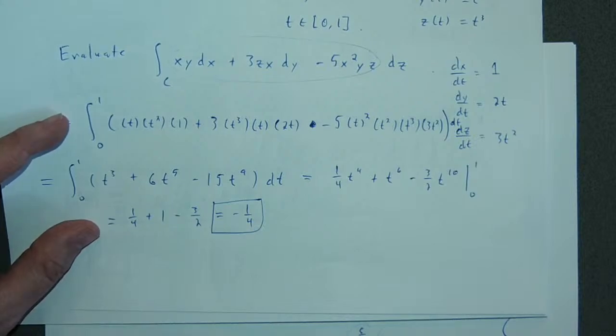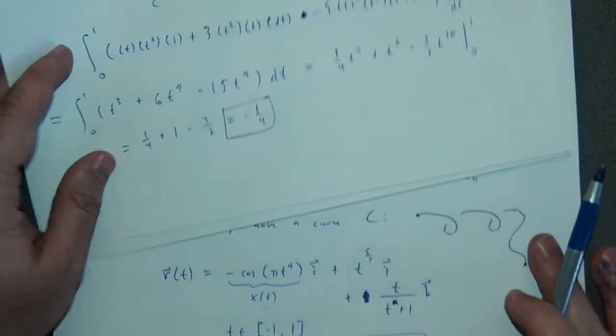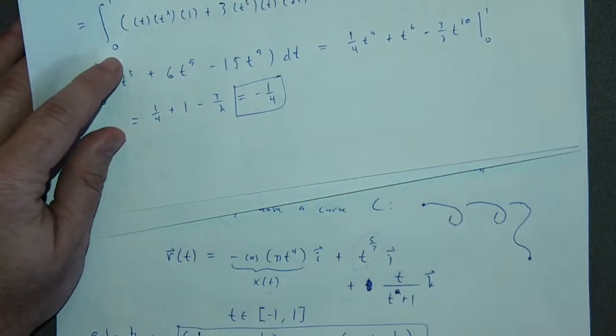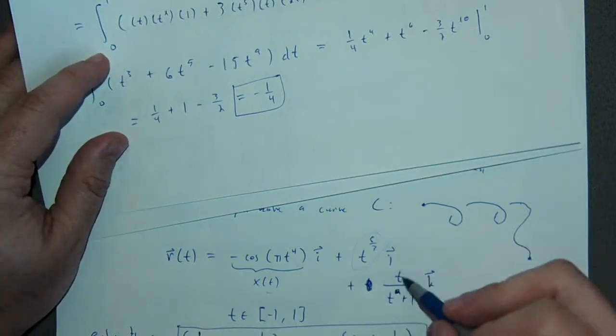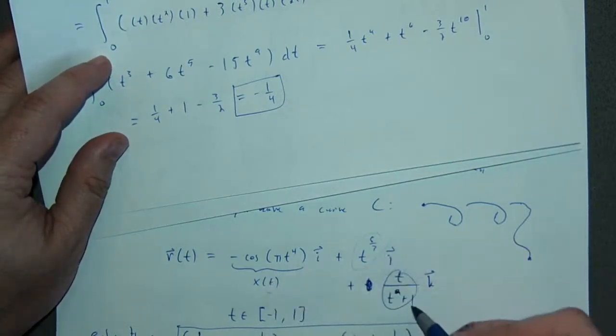Oh, I'm off the page when I'm pointing to my vector field here. Anyway, you are plugging each of these things in for x, y, and z.